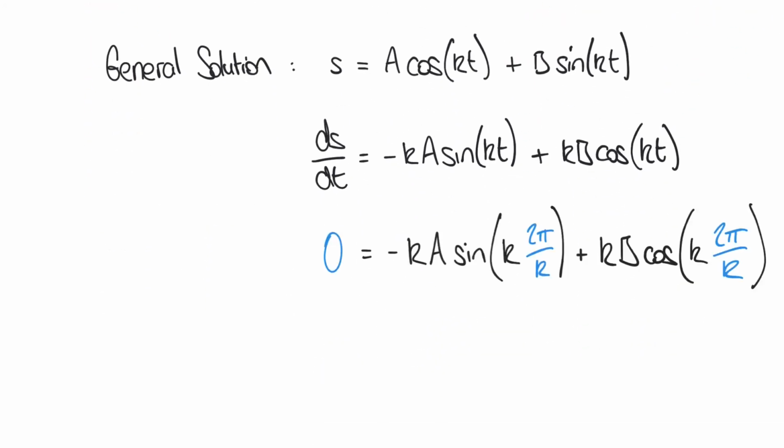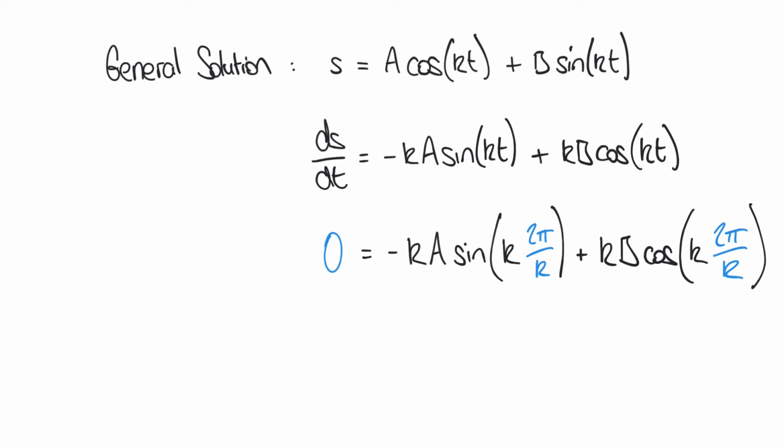We have 0 equals minus ka sine k 2 pi over k instead of the t term now, added to kb cos k, again 2 pi over k.